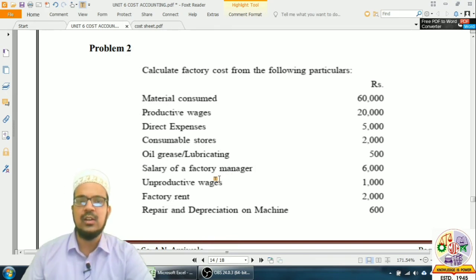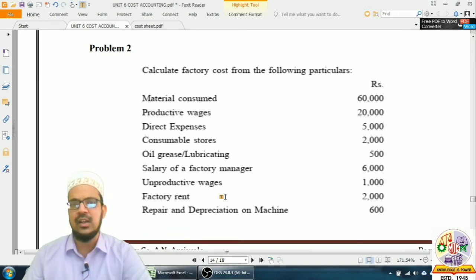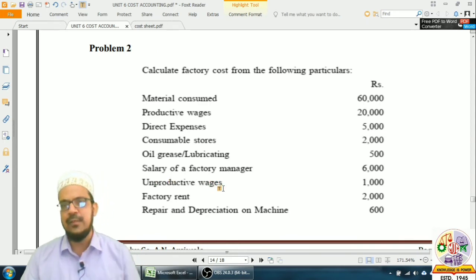Unproductive wages will include wages to storekeepers, and to certain other persons like loaders, unloaders, etc. These people do not directly work in the production chain, but they provide ancillary or support services to the main production staff. Hence the wages paid to them will also be included in the factory overheads.